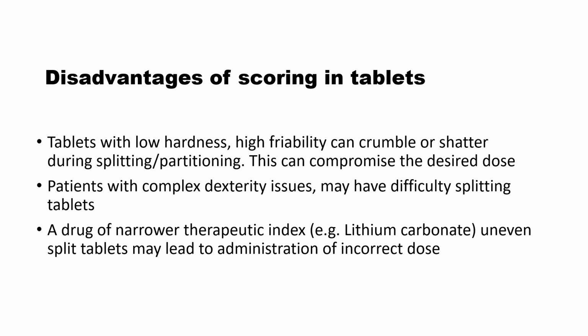Also, a patient with dexterity issues in the left or right hand may have difficulty splitting the tablet. With a drug of narrow therapeutic index, for example lithium carbonate in cases of mania, uneven splitting of the tablet may lead to administration of an incorrect dose. So these are the various disadvantages associated with scoring in tablets.